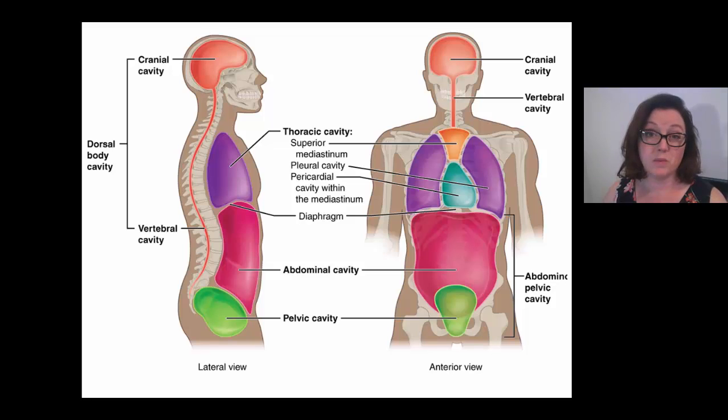So examples of some organs we're going to find associated with the abdominal cavity and the subsequent peritoneal cavity include your large intestine, your small intestine, stomach, spleen, pancreas, as examples. Now, the pelvic cavity contains the bladder and some of the reproductive organs.